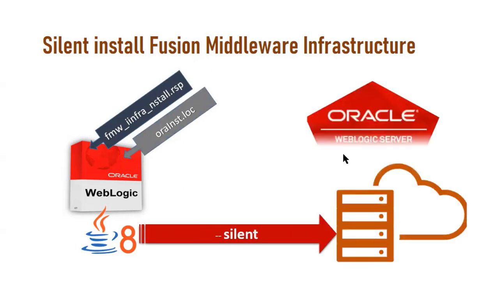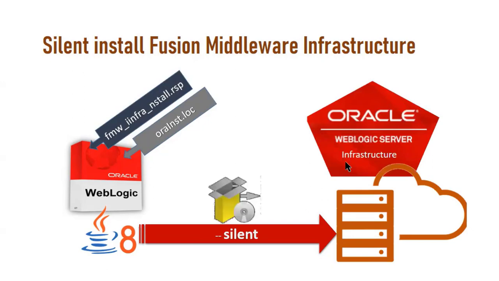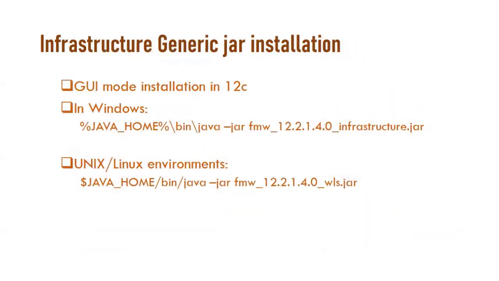It is going to install the WebLogic Server infrastructure, and it does everything in silent mode, without any questions and answers. Let us see an example command. If you have the GUI, you can simply run java -jar FMW infrastructure jar. That's the simplest command.